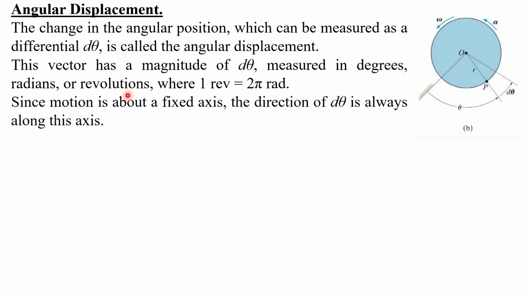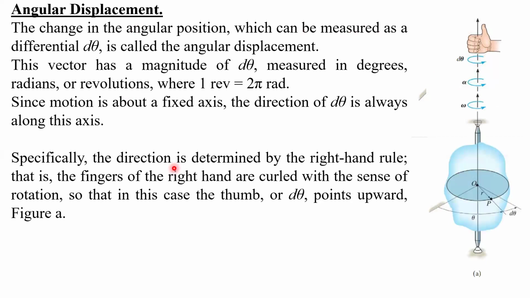Since motion is about a fixed axis, the direction of dθ is always along this axis. The axis is this point O. Specifically, the direction is determined by the right-hand rule.